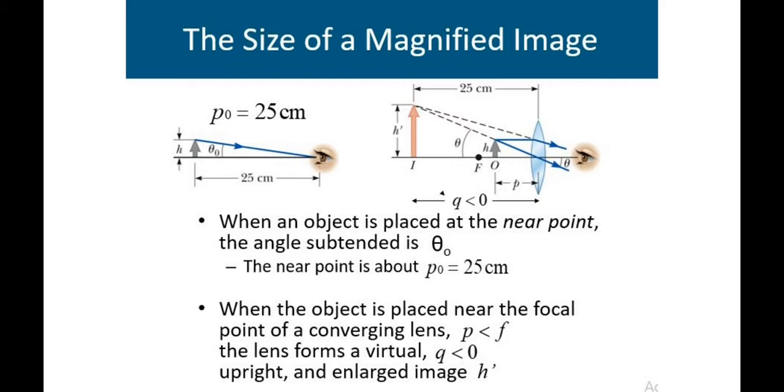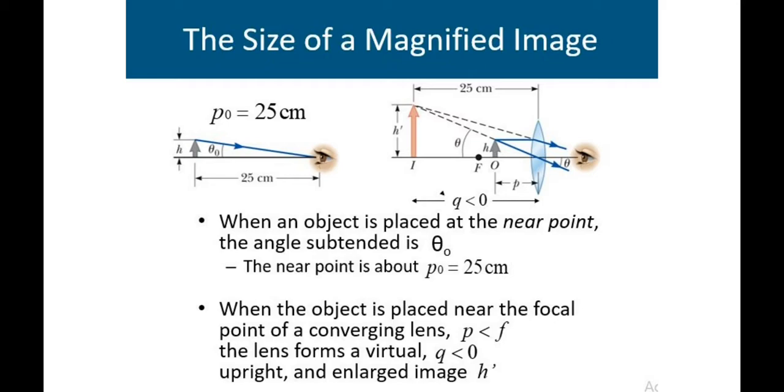So we have this object. We put a convergent lens here, so that the object is between the focal point and the position of the lens. In this case, a virtual image is created, which is not inverted.